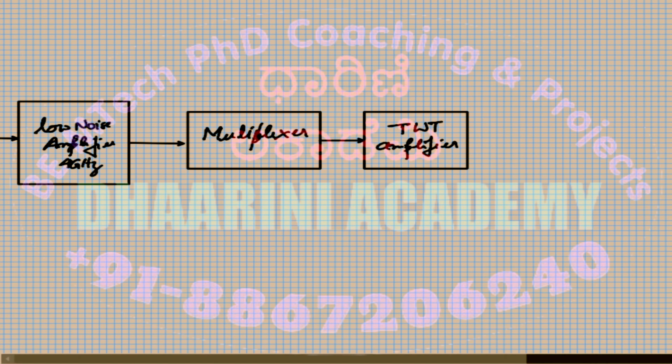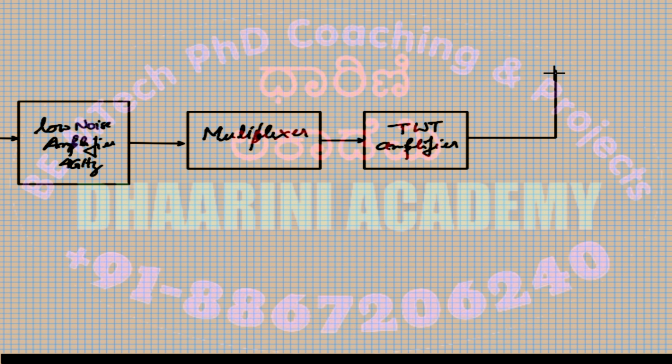Now this signal is in the required range of frequencies for the communication. This is approximately how we obtain the downlink signal here. So that signal gets transmitted in the form of the downlink signal.